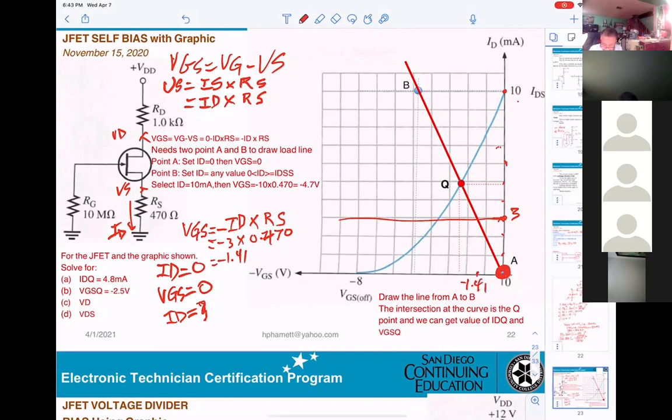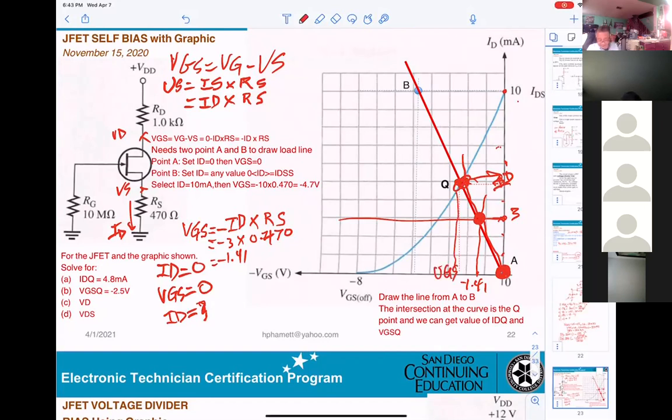You draw another line, so they cut at the second point right here, and you draw the line. They cut anywhere here, that will give you ID here, and going down, VGS here.